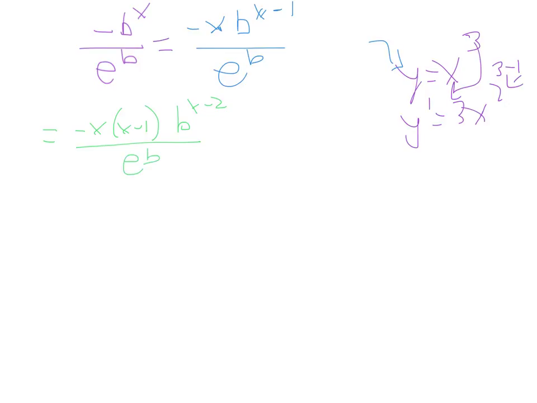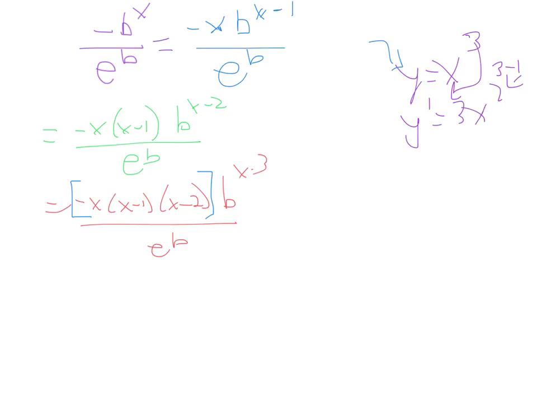And if we do that again, we're going to end up with negative x times x minus 1 times x minus 2 times b to the x minus 3 over e to the b, and so on. So you can kind of see how this is taking the factorial shape, right? Like this part here is n times n minus 1 times n minus 2, and so on and so on.